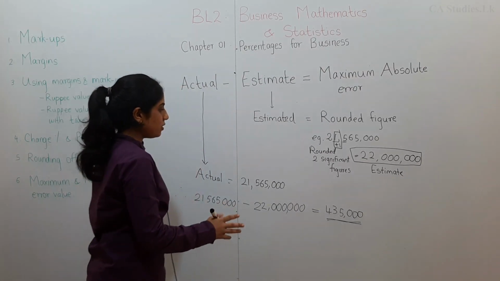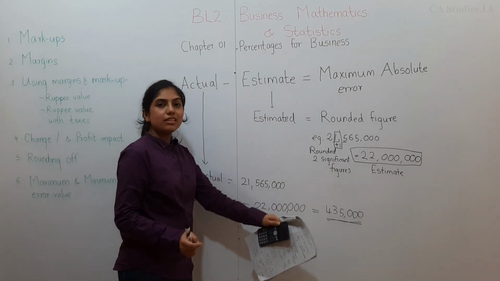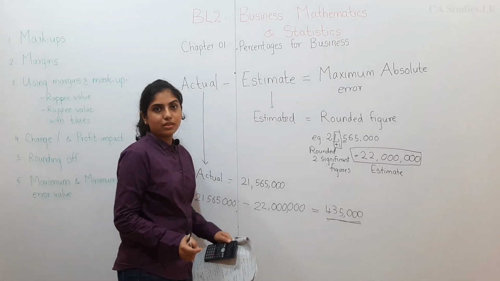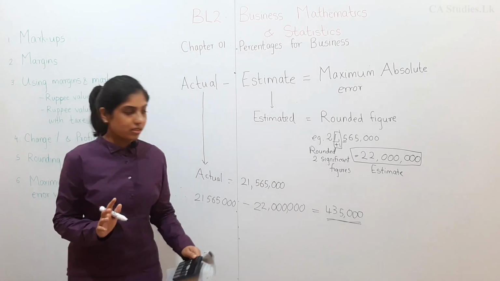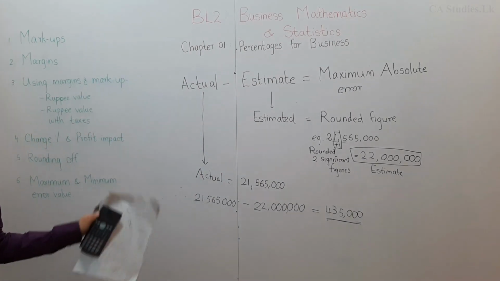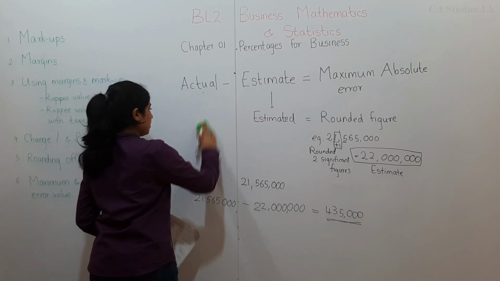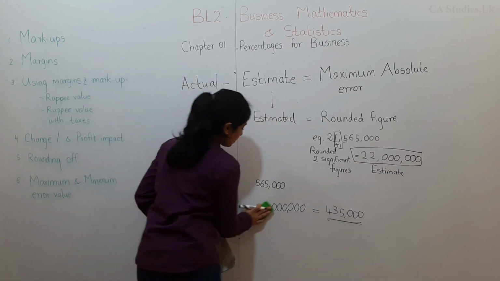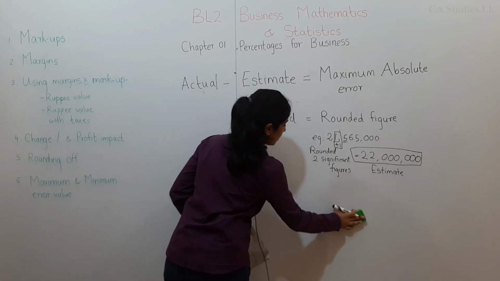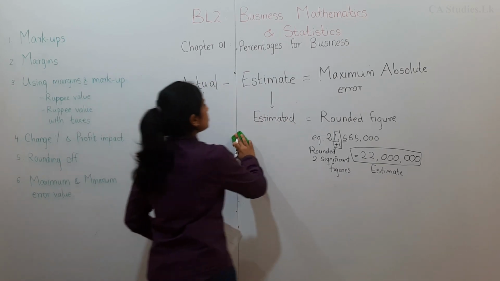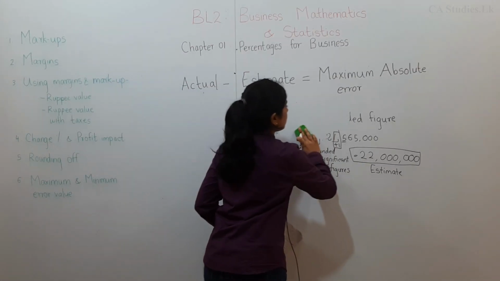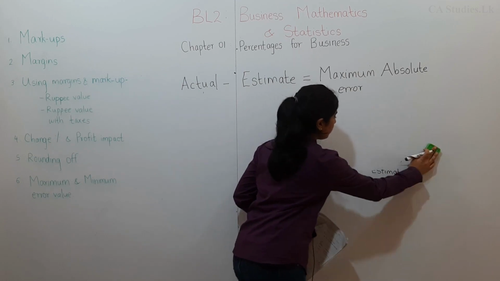Now we need to know this error in percentage terms. Remember, 435,000 is the error value. Now let's find the percentage.